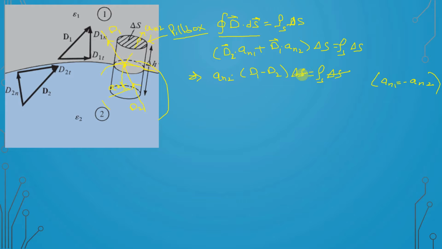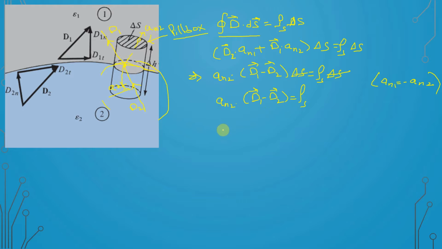That will be cancelled out, and you can write this a_n2 dot (D1 minus D2) is equal to rho s. That will be a vector because it has direction.